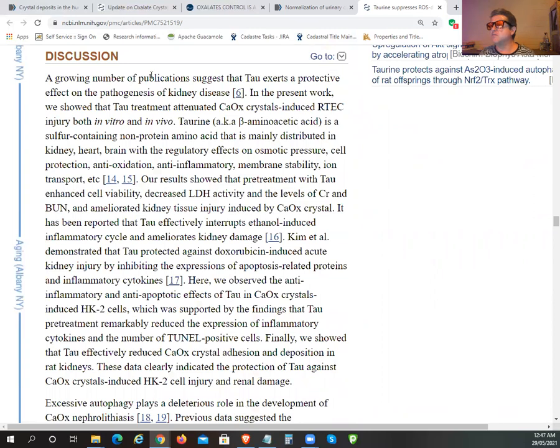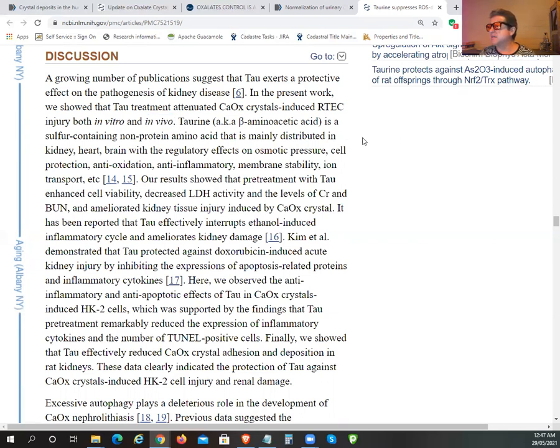A growing number of publications suggest that taurine exerts a protective effect on the pathogenesis of kidney disease. In the present work, we show that taurine treatment attenuated calcium oxalate crystals induced TEC injury, both in vitro and in vivo. So in a petri dish and inside an organism.